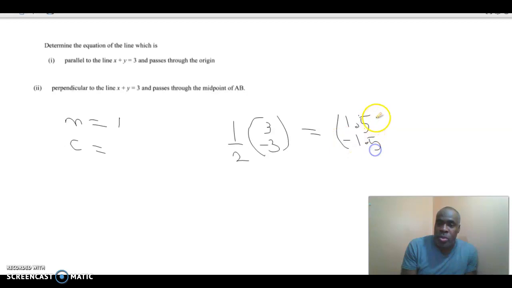So we know the y-intercept, which is c, is -1.5. Because we know all of that information, we can now write the equation of the perpendicular line. Simple. It is 1x minus 1.5.